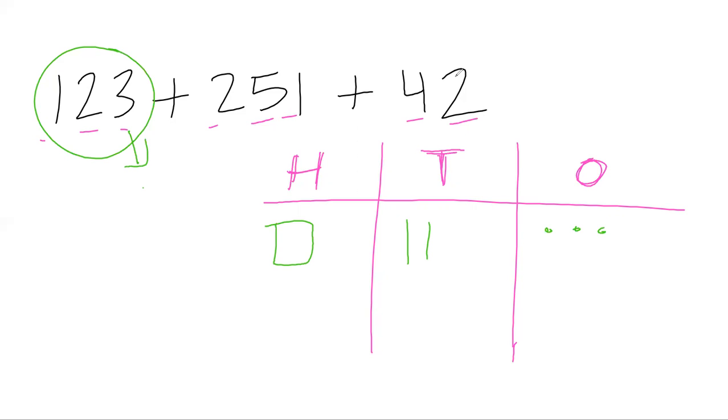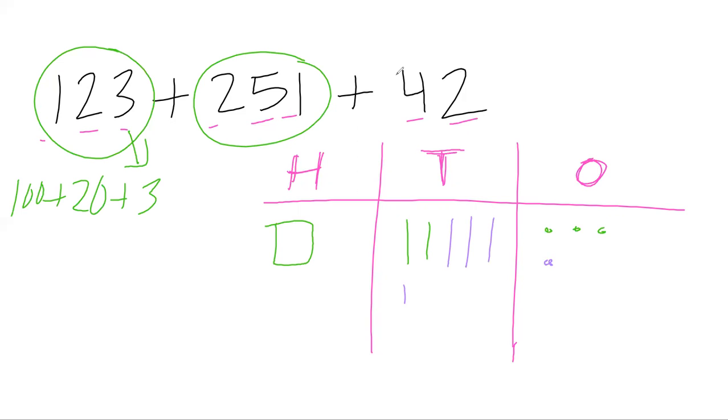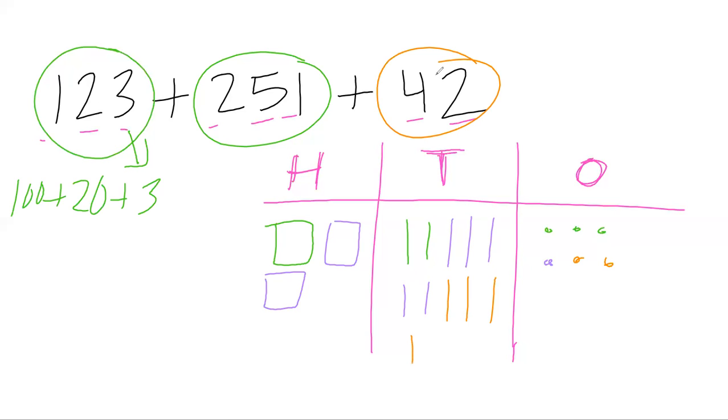We're expanding this out, if that helps you think about it, and then we can model it in base 10. So 251, let's change colors for that one. So 1 and then 50, so that's 5 of them: 1, 2, 3, 4, 5. And then 200. Okay, so those 2 numbers are done. My third addend is 42. So that's a 2 in the ones place and 4 in the tens: 1, 2, 3, 4.